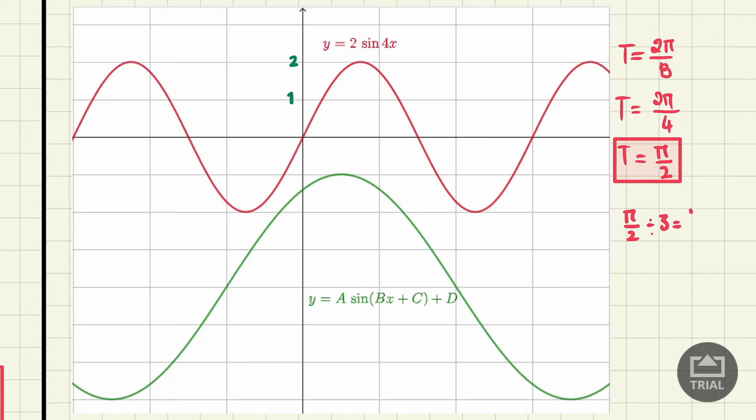The answer is pi over 6. So if I ask you how much is here, you would say it is pi over 6. Yes? And for example, how much is here? It is 2 times pi over 6, which is pi over 3, and etc. But I don't need that. Okay, now I found the scaling of my graph.